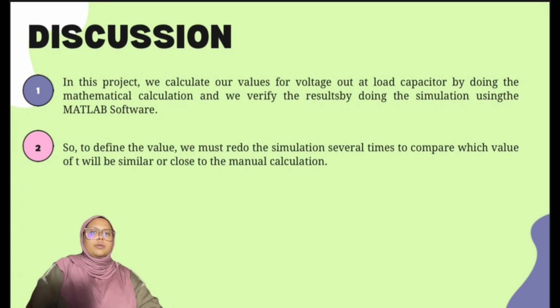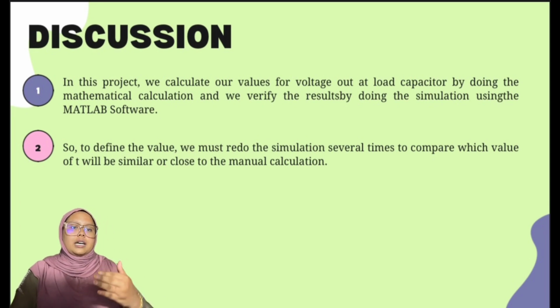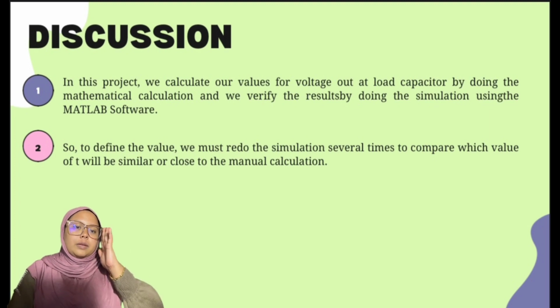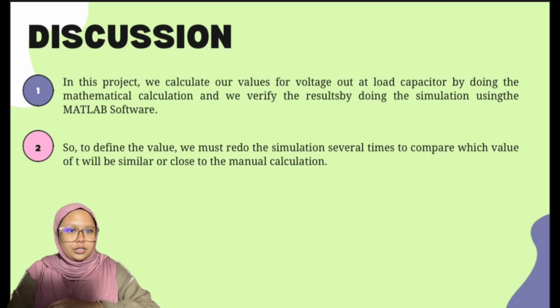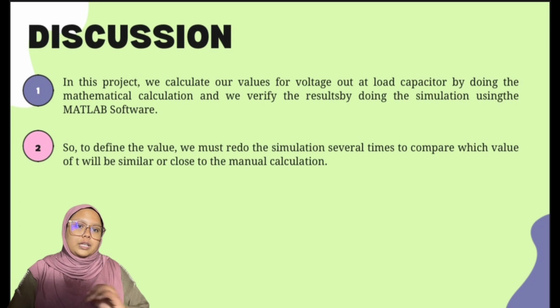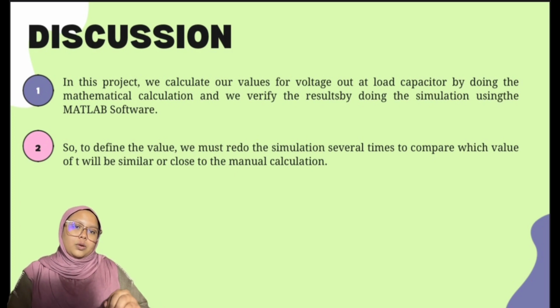During the simulation, we have to define the t value, because as I mentioned before, in MATLAB we couldn't put the t in it, so we have to define what value of t to put in the simulation so that the value will be close to the manual calculation.